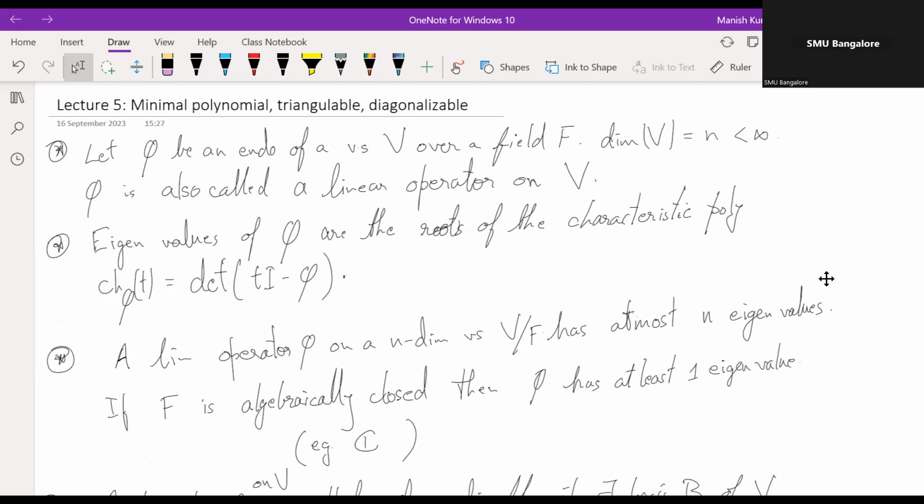So let's start with this endomorphism. Let me fix one more terminology.